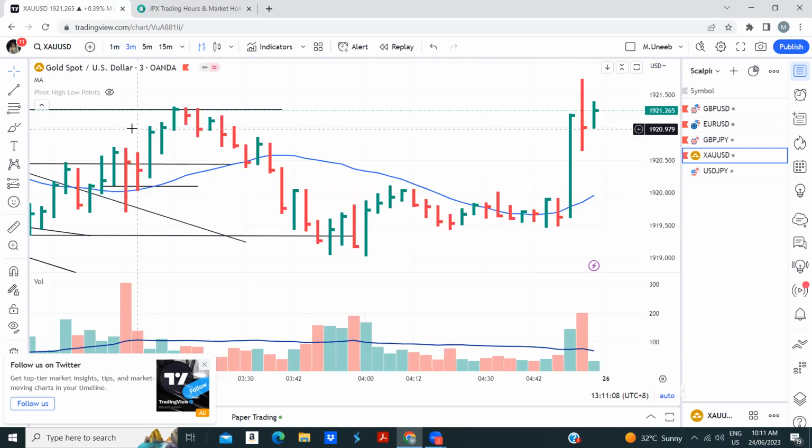Hidden spring goes back, tested its hidden spring level, and went up. There's also this technical level, and there is this moving average as well. Everything lined up. For example, this line, this one is a hidden spring.